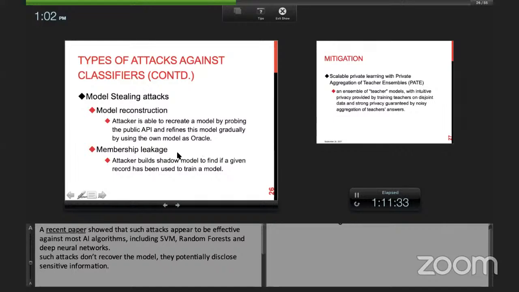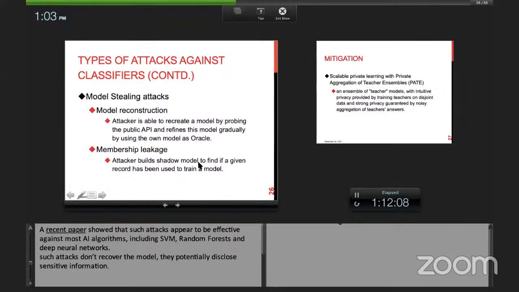The attacker builds a shadow model to find if a given record has been used to train a model. That means whatever record is there is simply fed into that particular shadow model. You know what a shadow model generally means. So the attacker tries to find if a particular given record in his hand has been used to train the model.